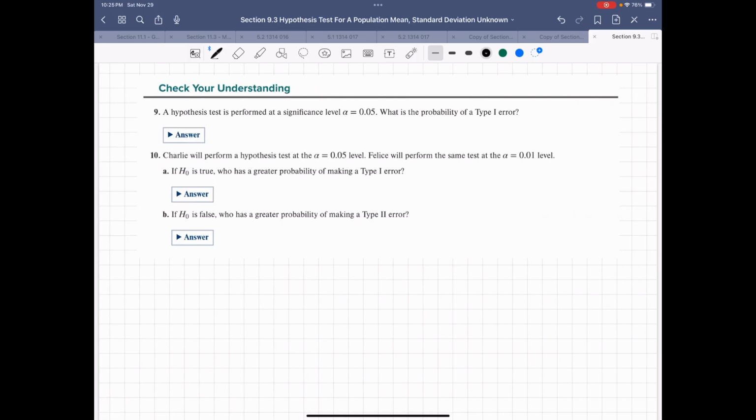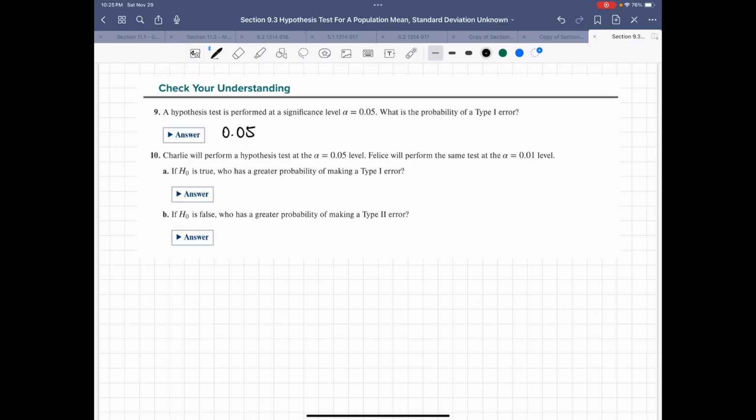In question 9, a hypothesis test is performed at a significance level alpha equals 0.05. What is the probability of a type 1 error? Guys, that's just going to be 0.05. Charlie will perform a hypothesis test at the alpha equals 0.05 level.